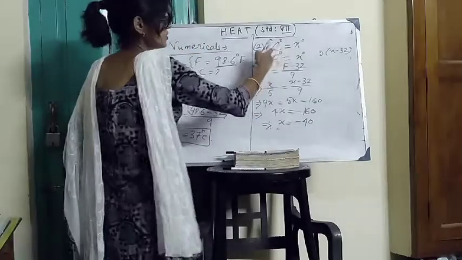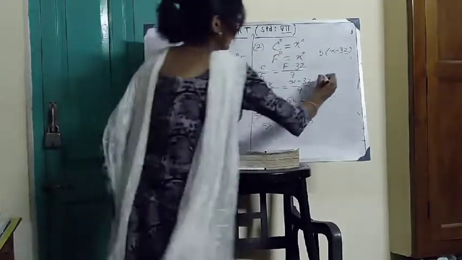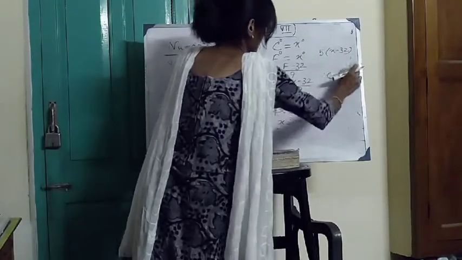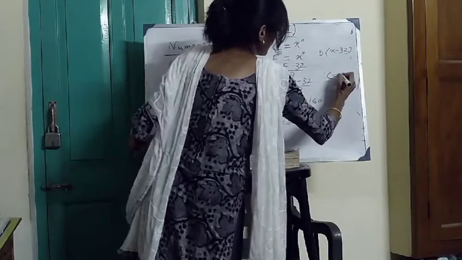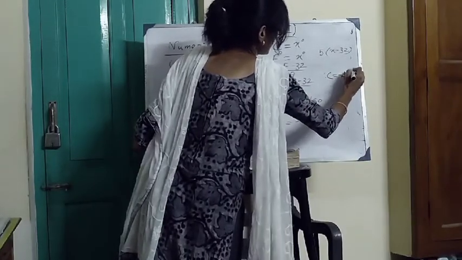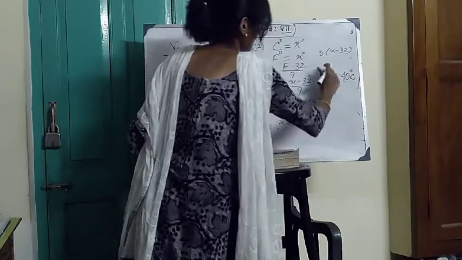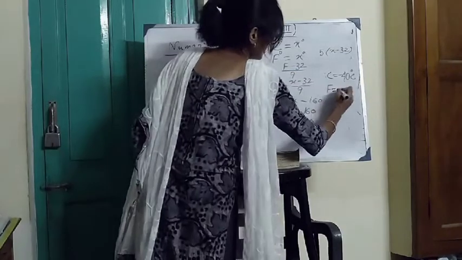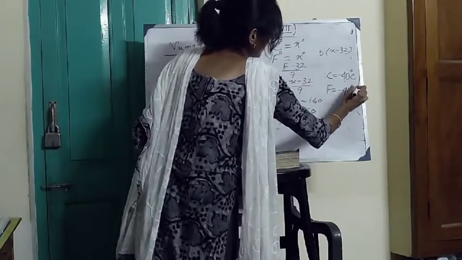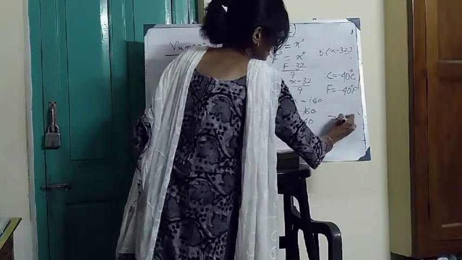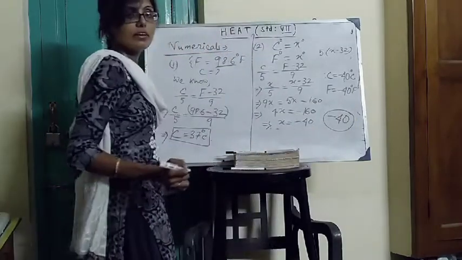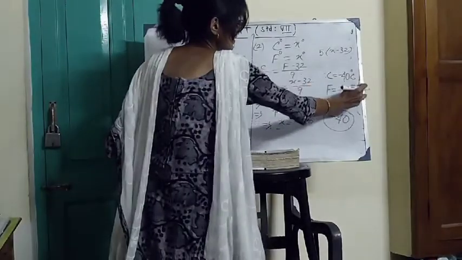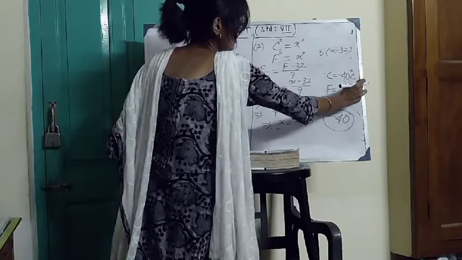Now x is C, x is also F. So we can write, therefore, C is equal to minus 40 degrees Celsius, and F, the unknown temperature in Fahrenheit scale, is equal to minus 40 degree Fahrenheit. The numerical value is minus 40. This numerical value is same in both Celsius and Fahrenheit scales, but only the units are different. Here C, here F.